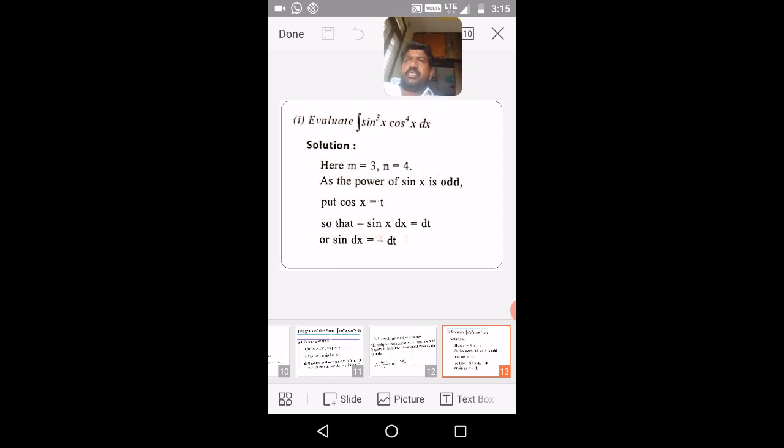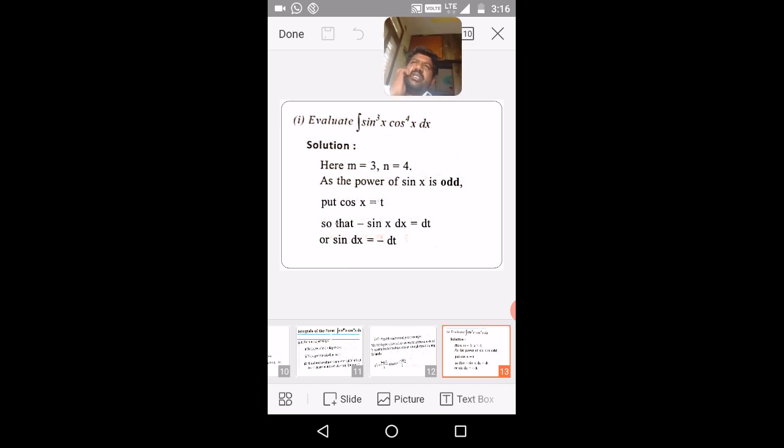By comparing the given integral with sin power m x into cos power n x dx, m equals 3 and n equals 4. Here m equals 3 is the power of sin x, and n equals 4 is the power of cos x. That means the power of sin x is odd, therefore put cos x equal to t.